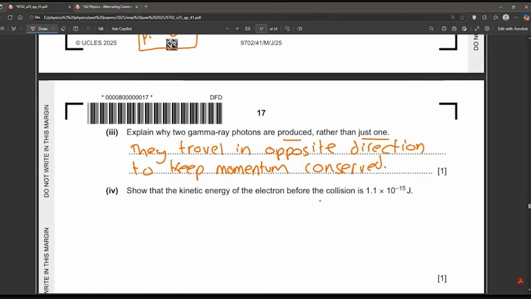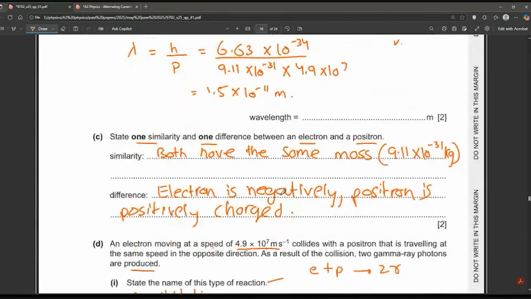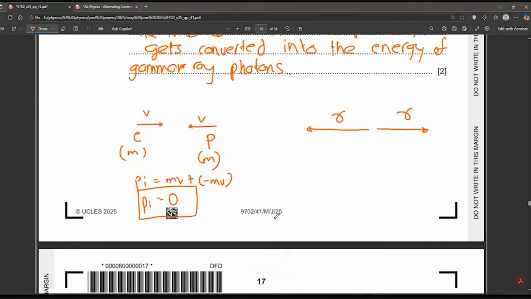Last part. Show that the kinetic energy of the electron before the collision is this. You have to calculate the kinetic energy, 1/2 mv square. बेटा मास क्या होता है इलेक्ट्रॉन का, अभी बात की है. 9.11 10 raised to the power of minus 31. वेलोसिटी ऑफ इलेक्ट्रॉन क्या है यहाँ पे, कहाँ गया, 4.9 10 raised to the power of 7 का स्क्वायर कर लो.